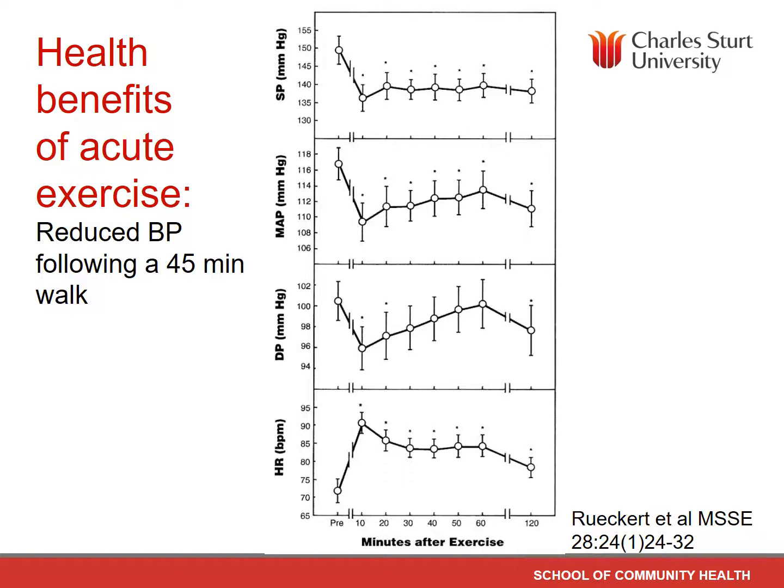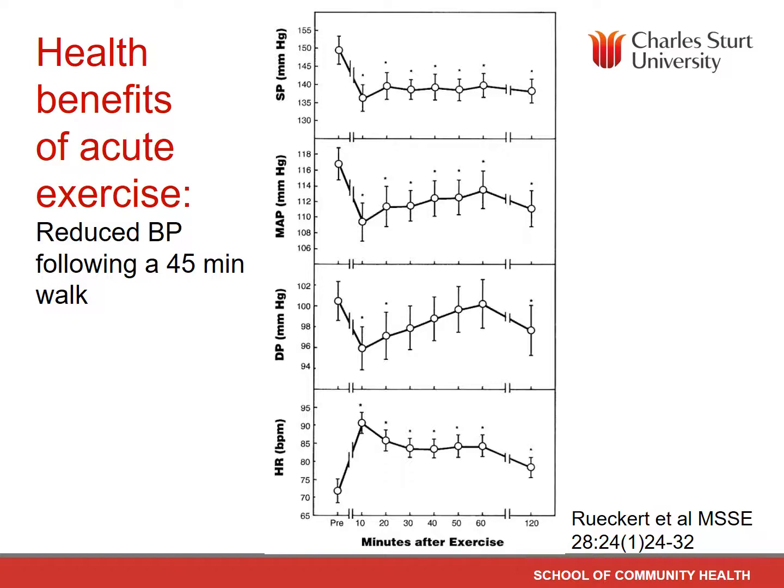So here's one study looking at the health benefits of acute exercise. Those first three graphs are all blood pressure values. Before exercise, they're significantly higher.